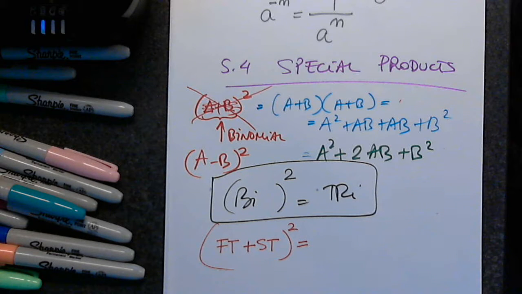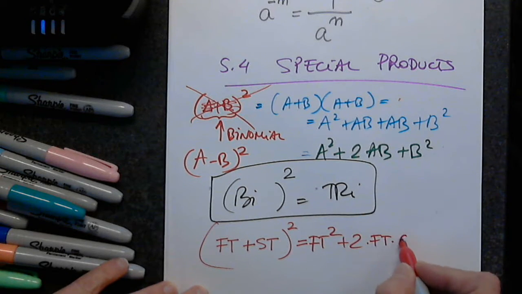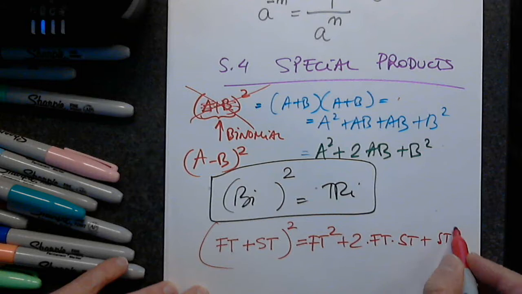FT squared plus 2 times FT and ST, yes, FT times ST, very good, plus ST squared. That's it. This is what I want you to commit to memory. First term squared plus 2 times the first times the second plus the second term squared.